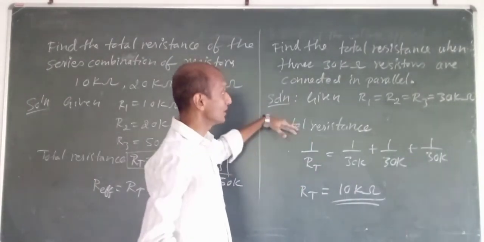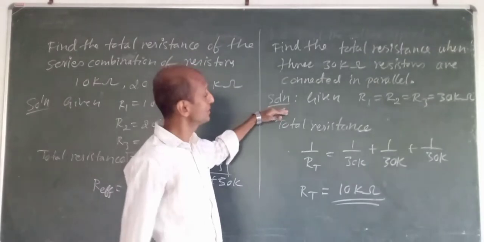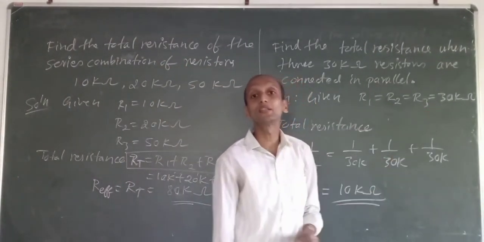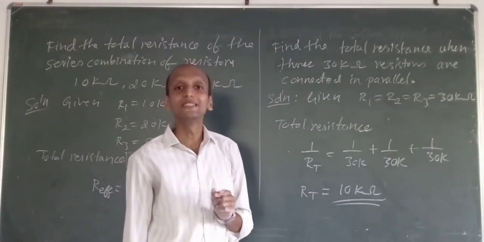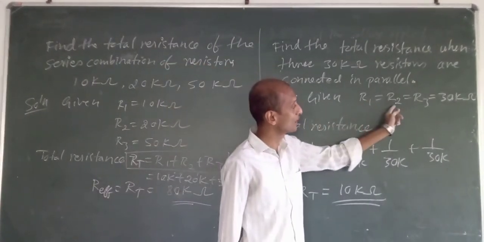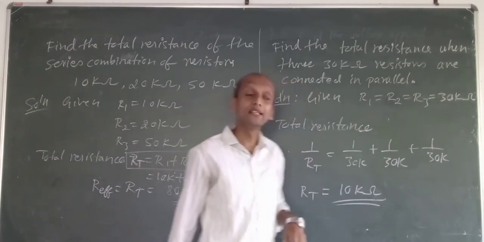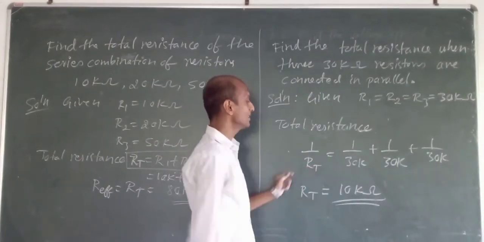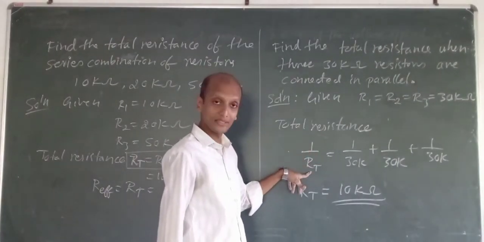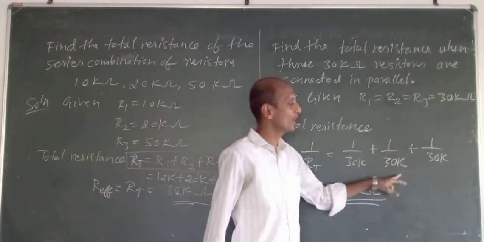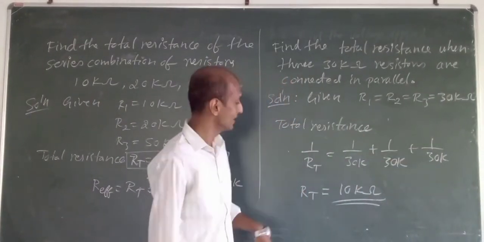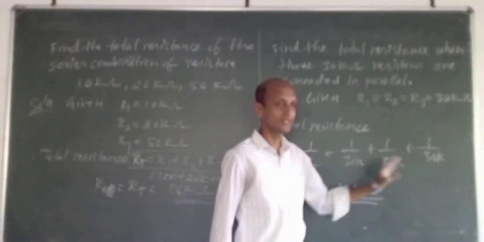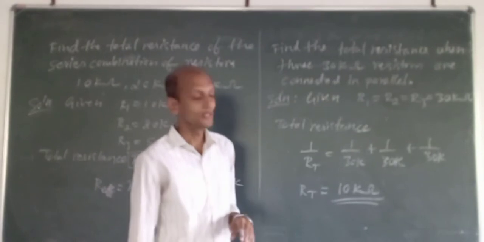Okay, so now we have the solution. Given R1 is equal to R2 is equal to R3 is equal to what? 30 kilo ohms. All three resistors are of the same value. So total resistance can be found using the formula 1 by RT is equal to 1 by R1 plus 1 by R2 plus 1 by R3, isn't it? So 1 by RT is equal to 1 by 30k plus 1 by 30k plus 1 by 30k, all three values added together.